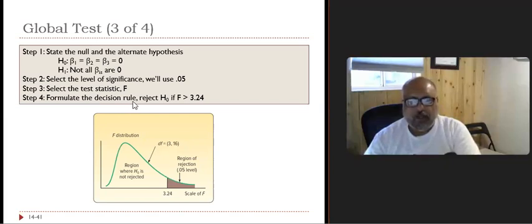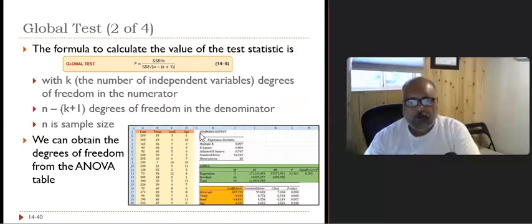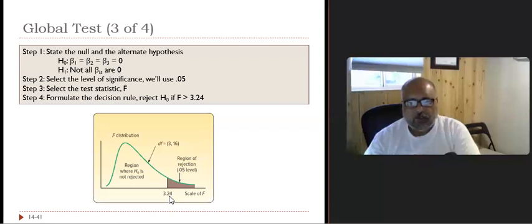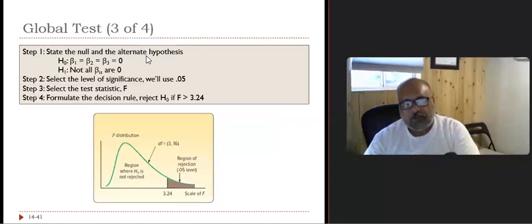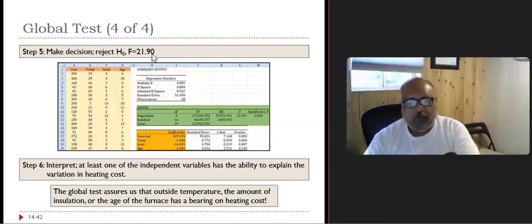The decision rule is to reject H naught, the null hypothesis, if F is greater than 3.24, which is the critical value for F. We compare the actual value we find with the formula against 3.24. The actual value of F using the equation is 21.90. So how do we interpret this?